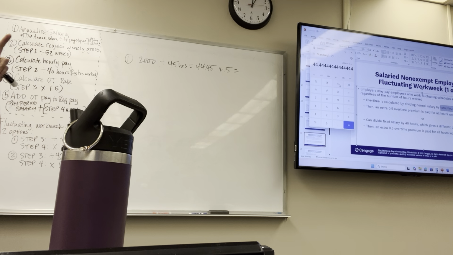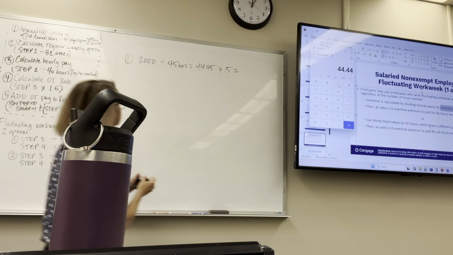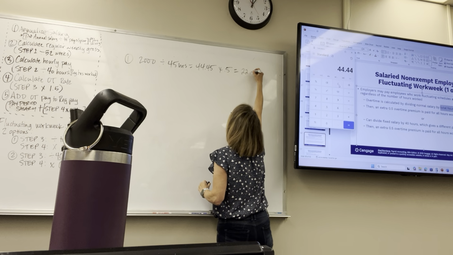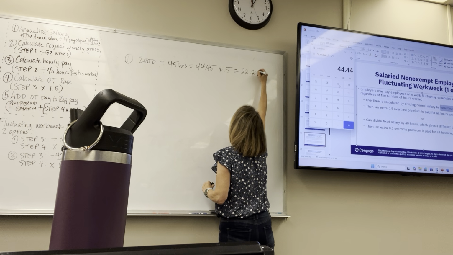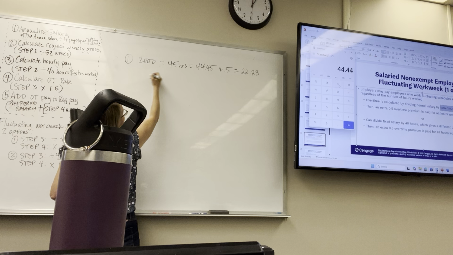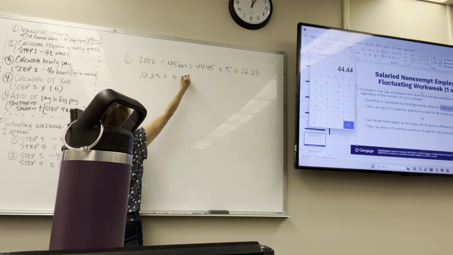So these are special methods that can be used. So we've got 44.44, half of that is 22.22. So we would take the 22.22 times the 5 hours.